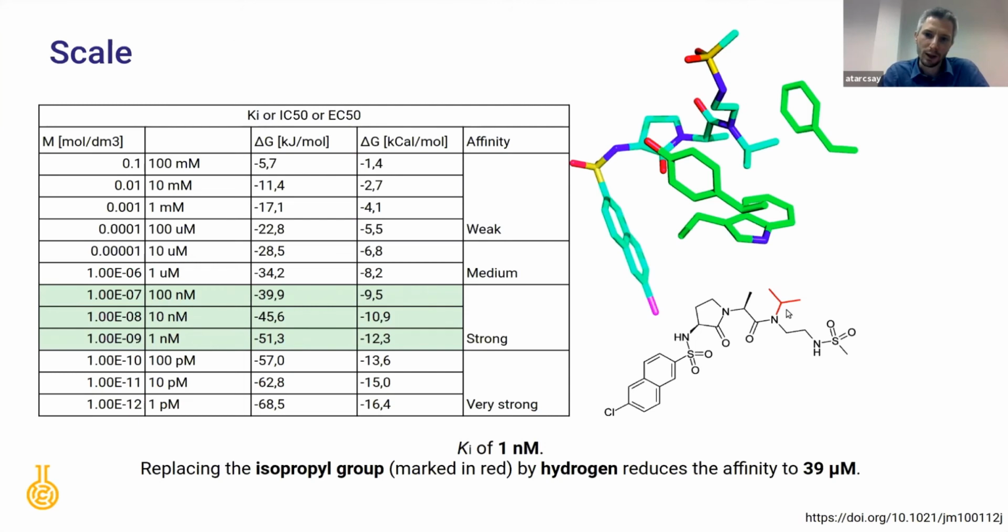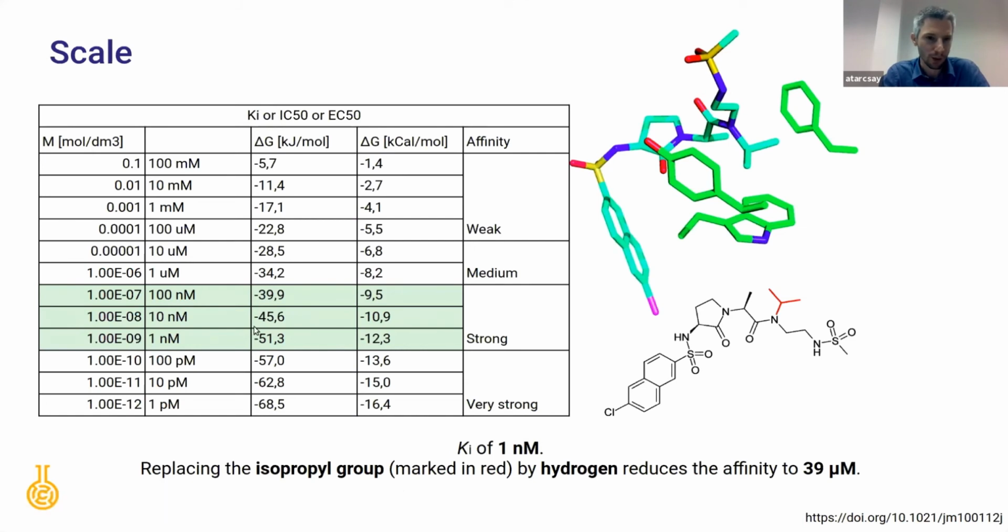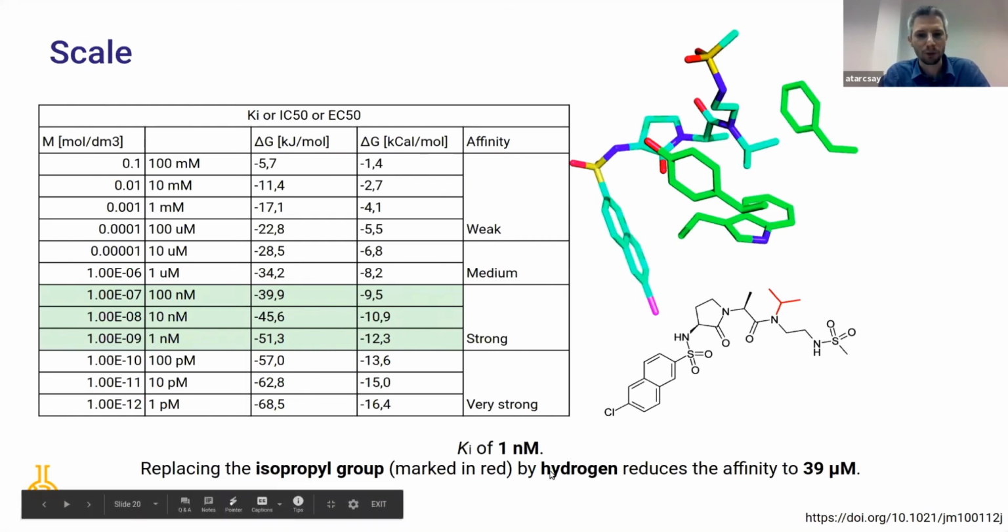And this red part, this propyl part, protrudes or faces a small pocket that's surrounded by tyrosine, phenylalanine, and tryptophan, which is a lipophilic small cavity. And if it is a propyl, then the binding, the Ki, will be 1 nanomolar. So it's 12.3 kcal per mole.